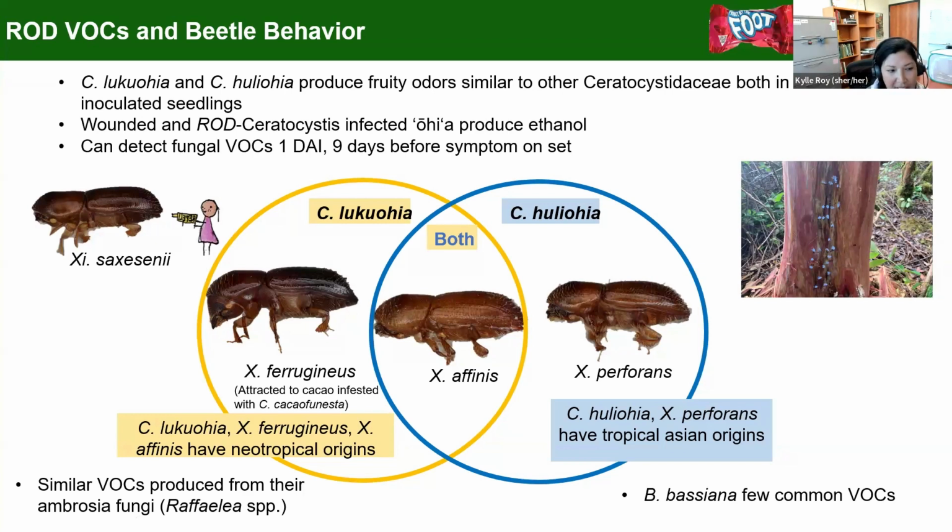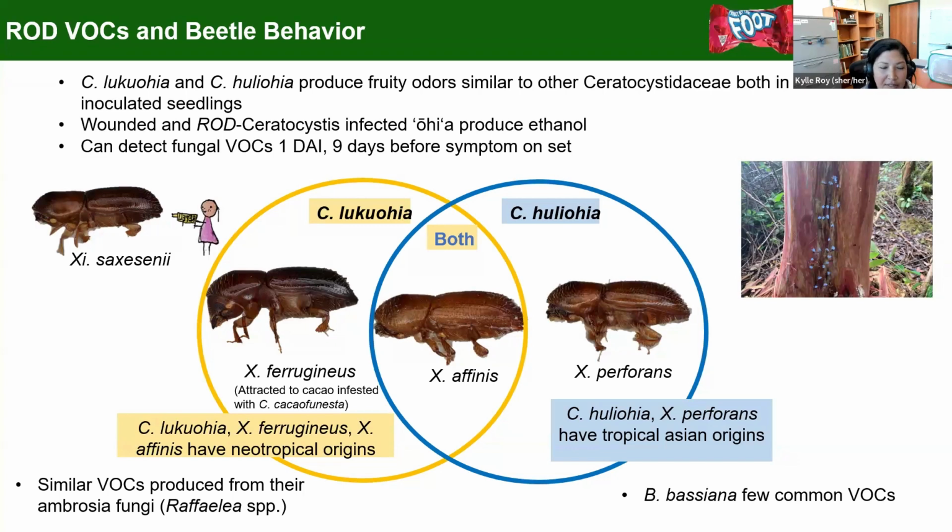This is interesting because lukuohia, ferrugineus, and affinis all have neotropical origins. Also, Xyleborus ferrugineus has been shown to be attracted to cacao trees that were infested with Ceratocystis cacao funesta, which is closely related to Ceratocystis lukuohia.